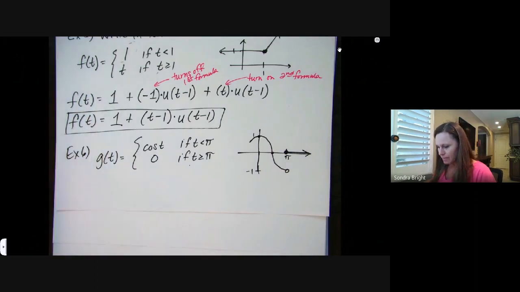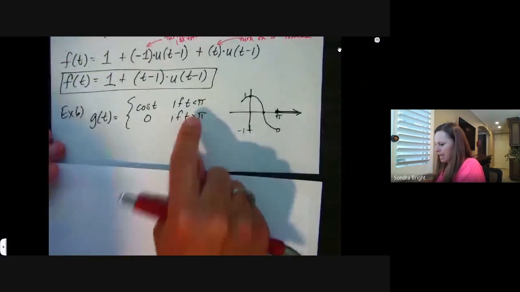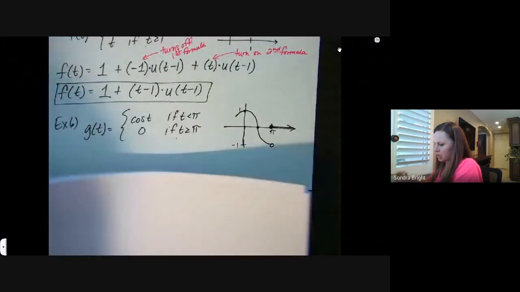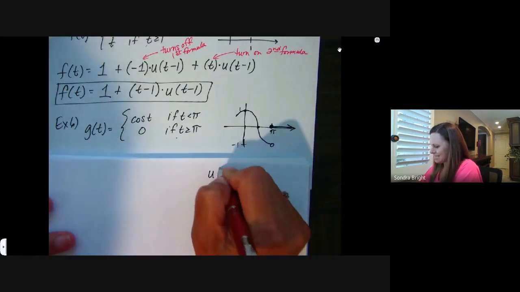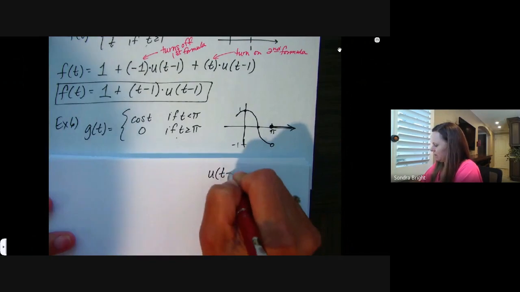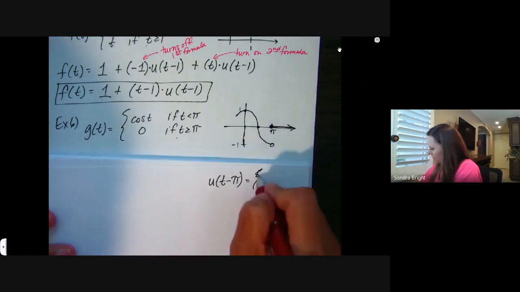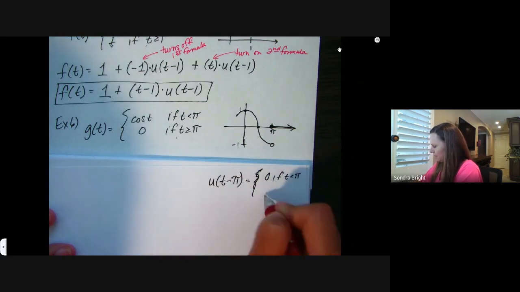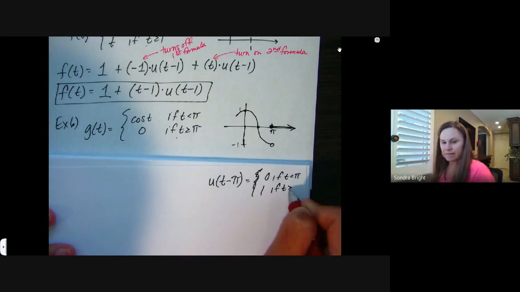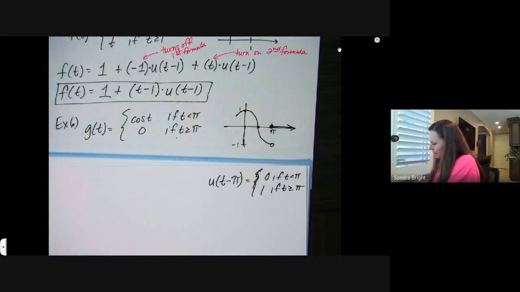Now to write it as the unit function, keep in mind that you're switching off at pi, right? So that means our unit step function will need to be t minus pi, which means that it's 0 if t is less than pi, and 1 if t is greater than or equal to pi, right? So that's what we're basing this off of.